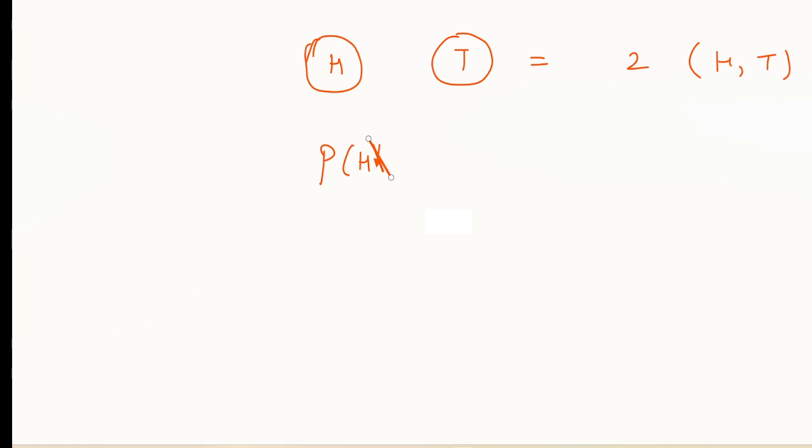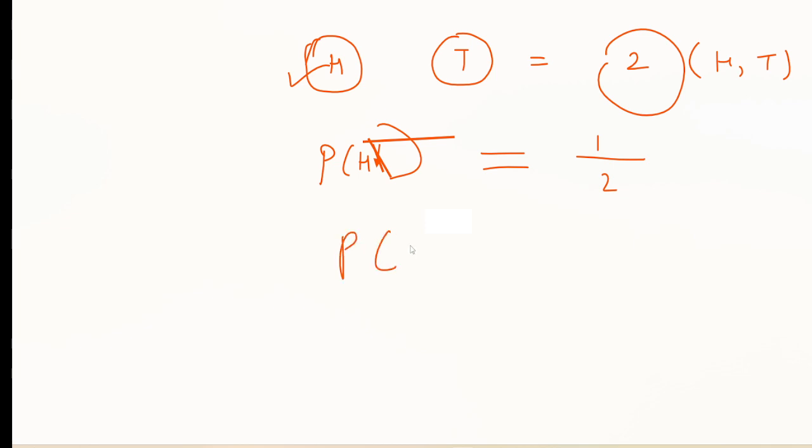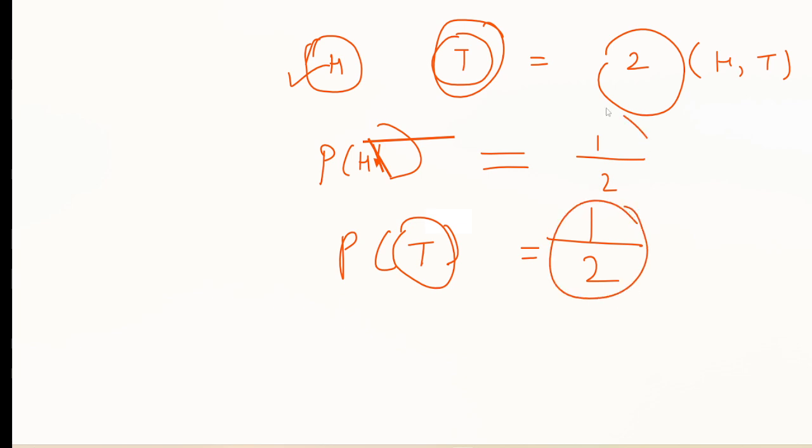So the favorable outcome is 1, because one of them is head, and total outcomes are 2. Similarly, if I want to find the probability of getting a tail, the favorable outcome is 1, because one of them is tail, and the total outcome is 2. So there are half chances of getting a head and tail if I flip a coin.